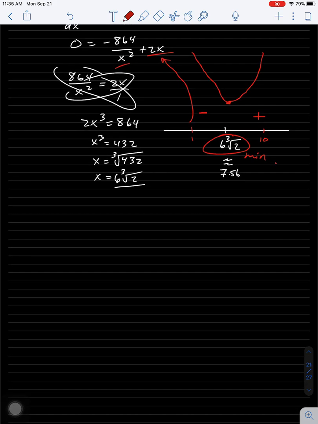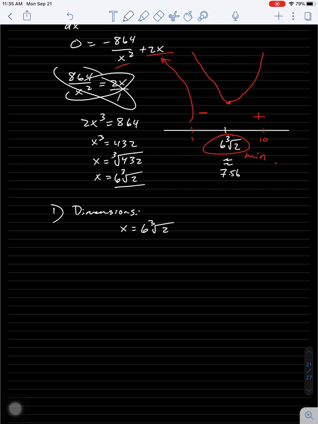All right, now last step is read the problem. First question, there's 2 questions. What are the dimensions of the box? So my first answer is, well, the x dimension is 6 times the cube root of 2, right?